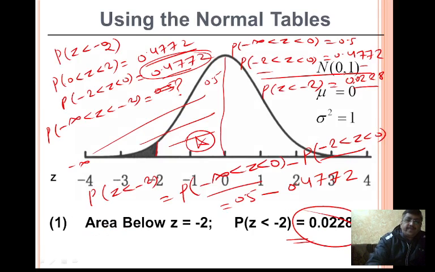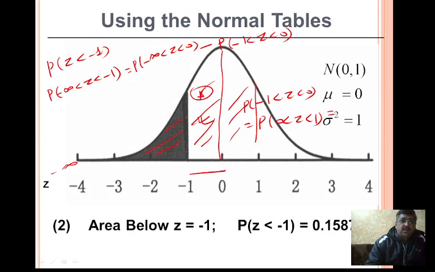Now I'm simplifying this again for you. So this will look like 0.5 minus 0.3413, and if you simplify this, you will get 0.1587. Is it correct? Happy now? Okay.